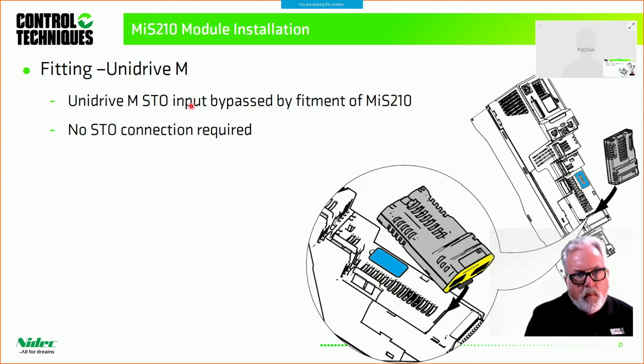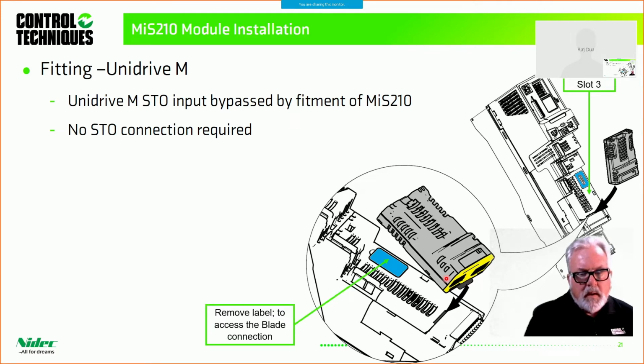First thing you do is on the M700, and I've seen this from the beginning, there's a little white label here. It's not blue. It's a little white label with a little picture of a book on it. And I always wondered, gee, I wonder what that is. Well, now we're going to find out.